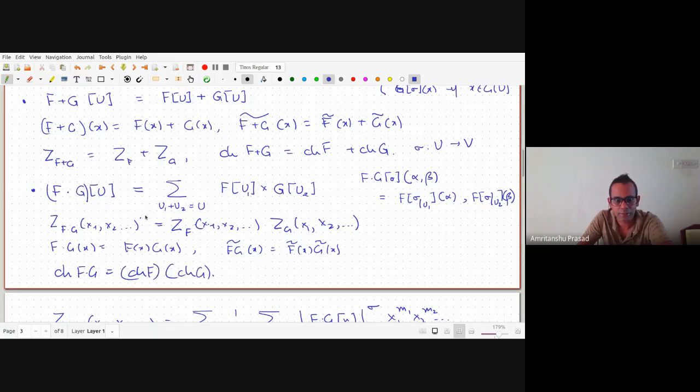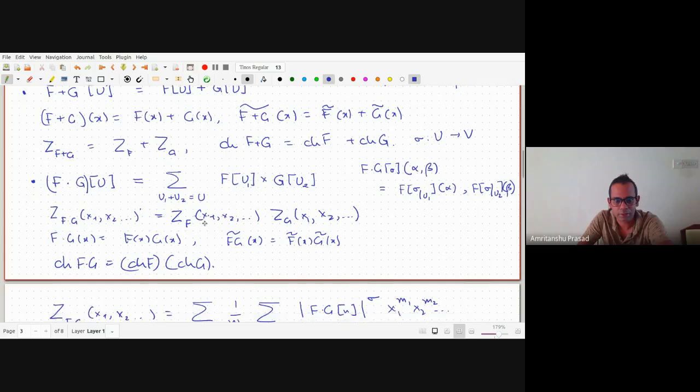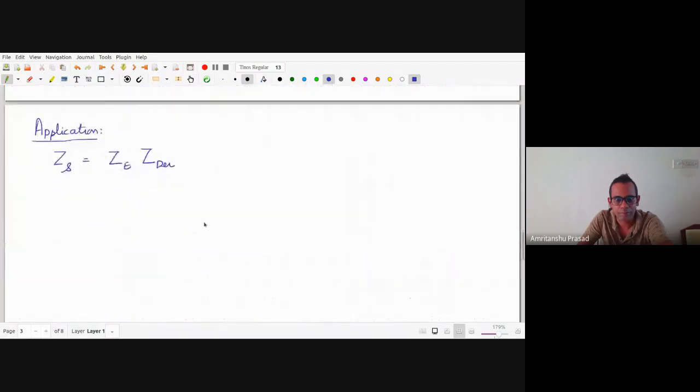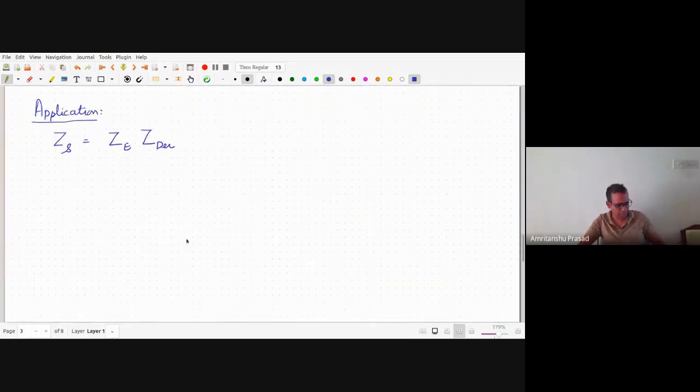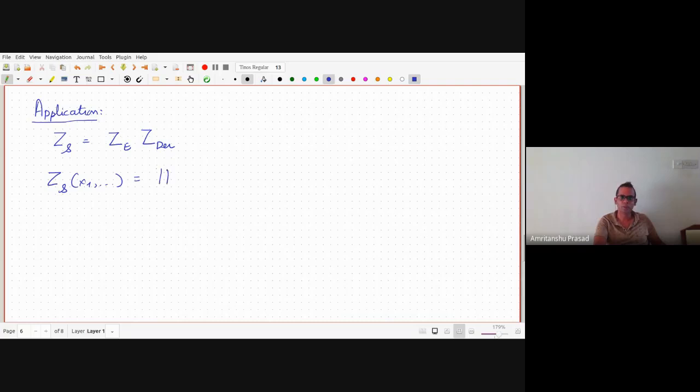Yeah, that's just equivalent to this identity. So we'll be looking at that also in this question. So remember that Z of S, this we had calculated last time, and it was the product over i greater than or equal to 1 of 1 over 1 minus x^i. It had this very beautiful form.